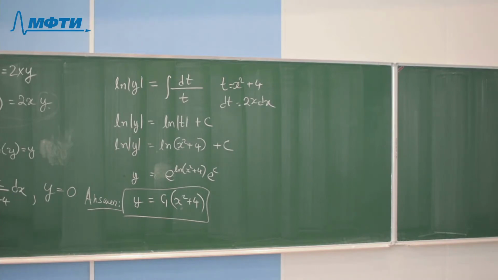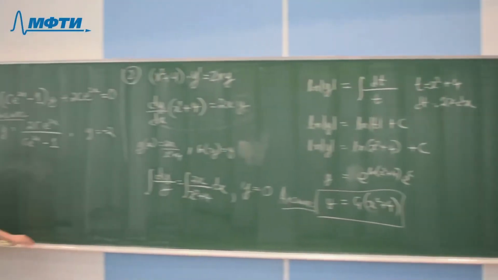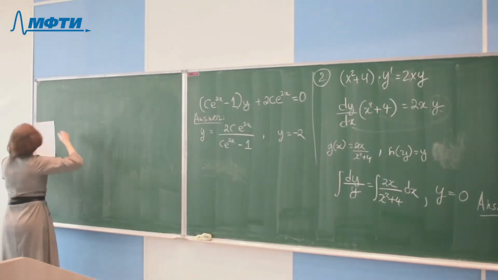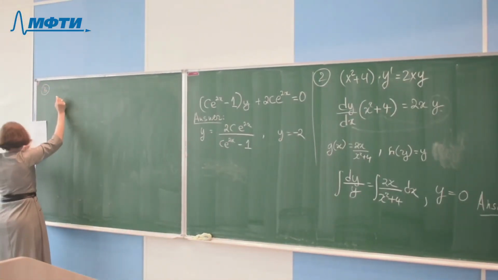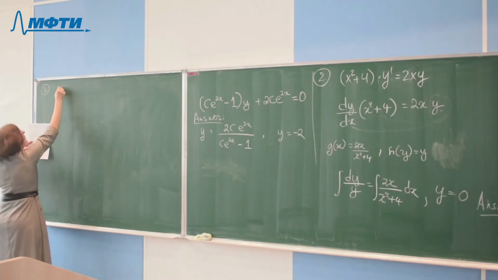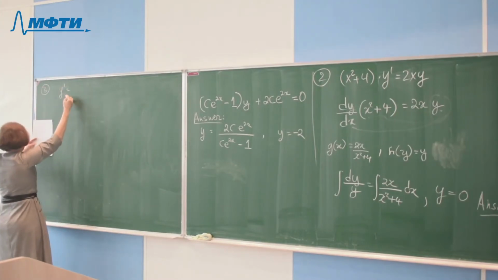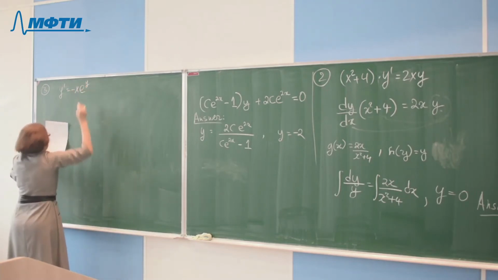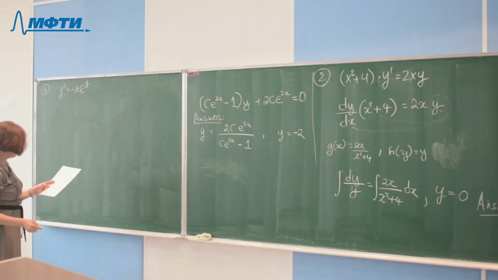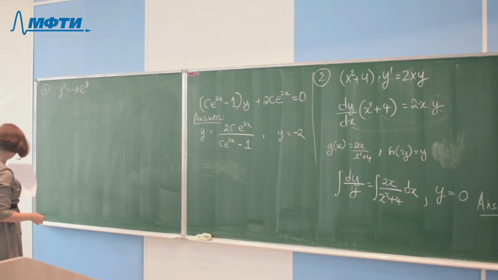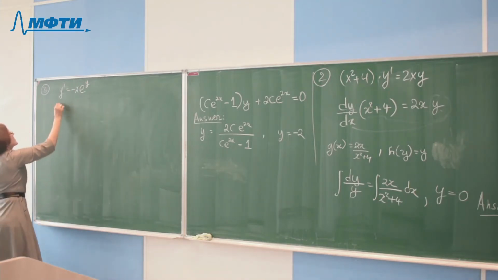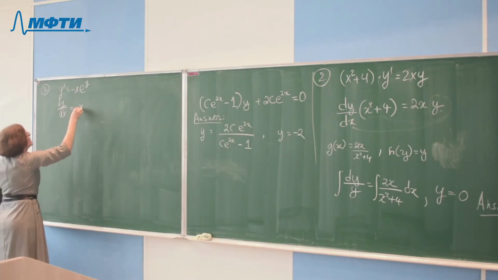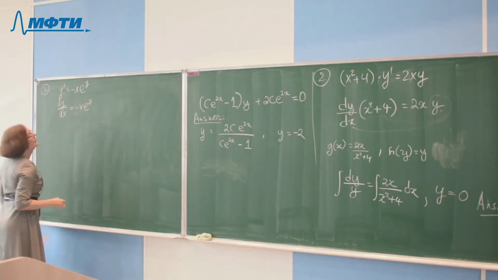You are very good in solving differential equations and in integrating. So task number 3. Okay, we will try to find the solutions of the following: minus x e to y. I think it's not difficult. Well, let's represent it in the form dy over dx equals minus x e to y.